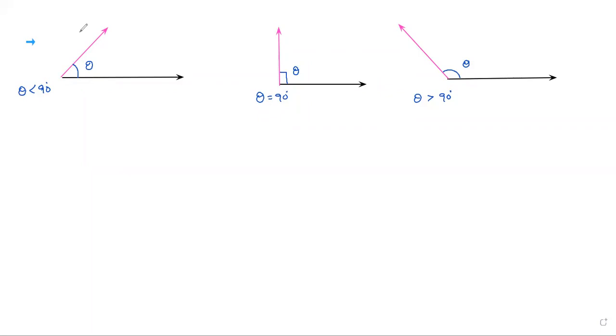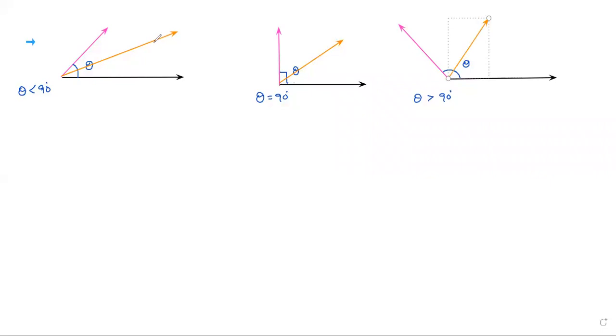The diagonal is taken from the same point, and it gives the resultant vector. Here the diagonal is taken from the same point, and here also, like this.